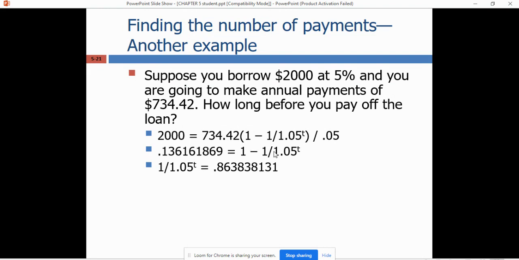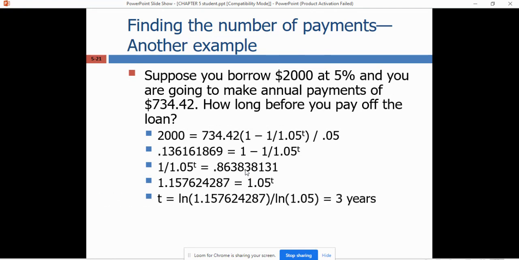You can work it the other way around: bring it over here and it becomes positive, and the other becomes negative. Then it becomes 1 minus 0.1361, which gives 0.863, and 1.05 to the power of negative n is positive. The 1 that is over here becomes a divide, therefore you get 1.05 to the power of n equal to that.